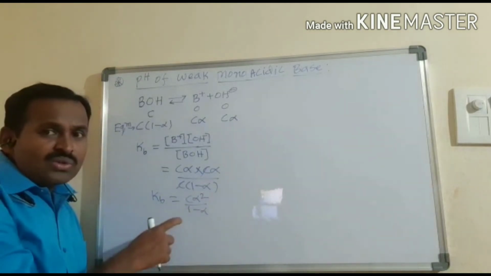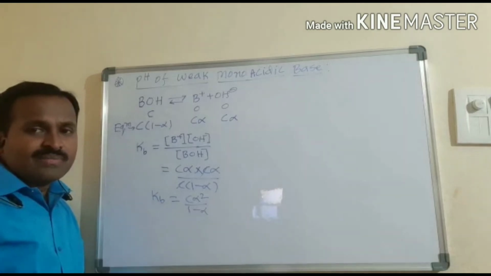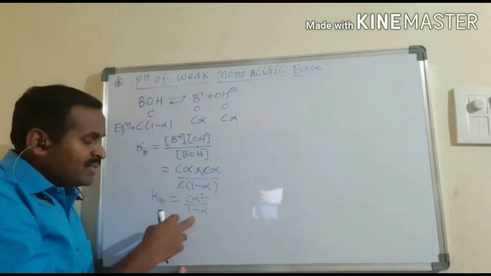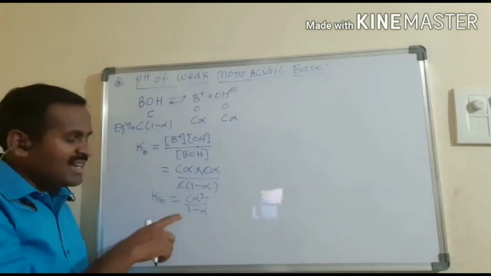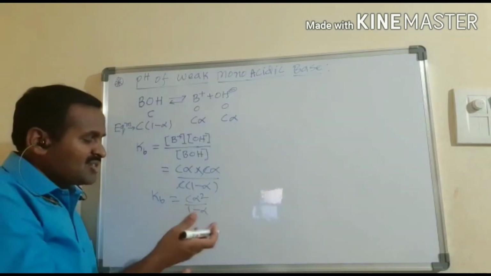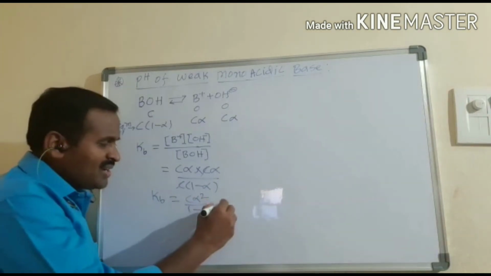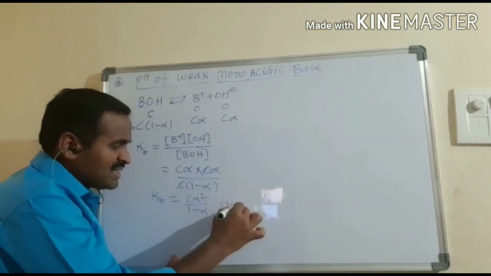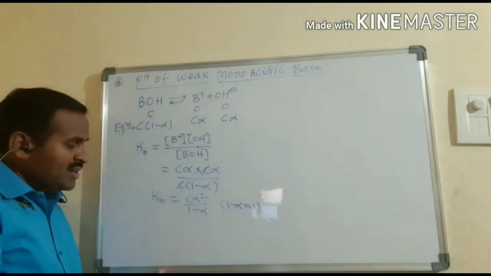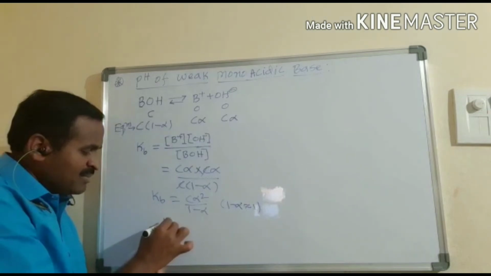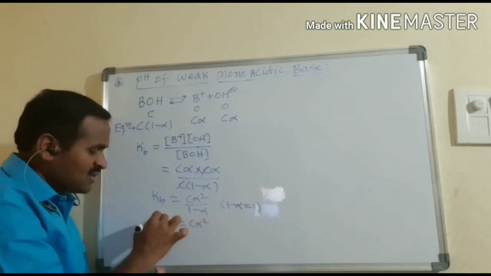As we all know, for weak electrolytes like weak acids and weak bases, the degree of dissociation alpha, as a percentage, is less than 5%. So 1 minus alpha can be nearly equal to 1. So I can simply write Kb is equal to C alpha square.